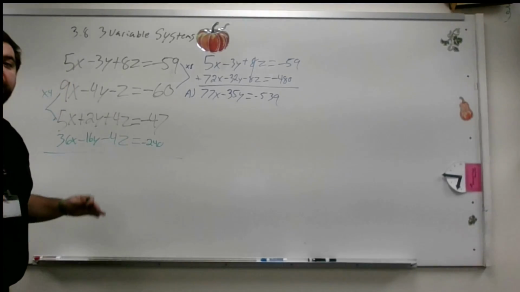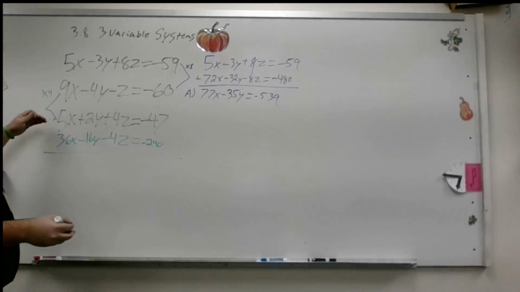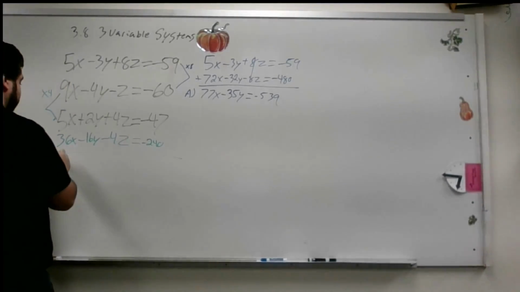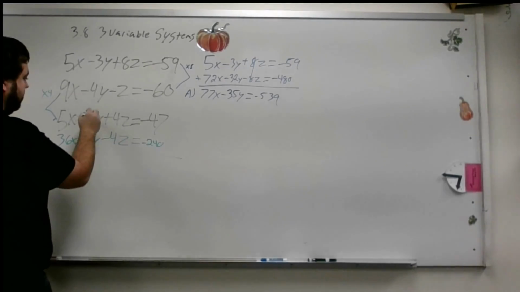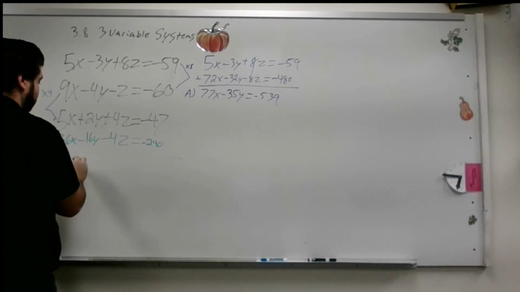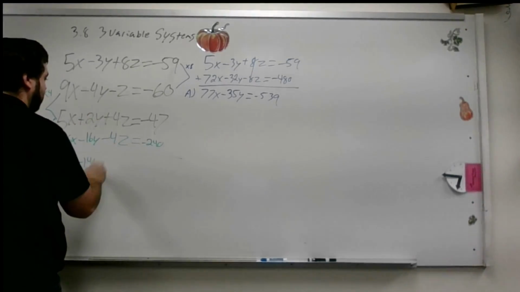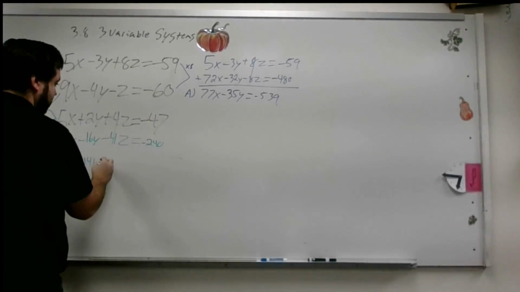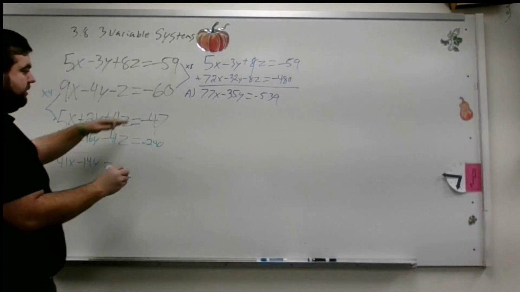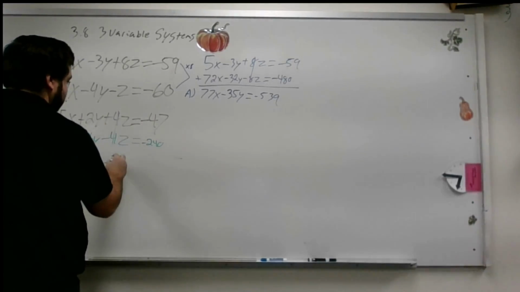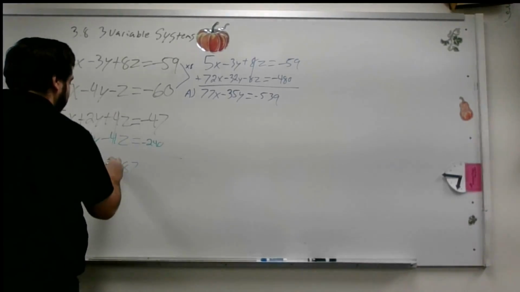Alright. Then I combine. 5 plus 36, that's going to give me 41x. 2 minus 16, that's going to give me -14y. The z's cancel. Equals. To add those together, I'm going to get 287 and it's negative.